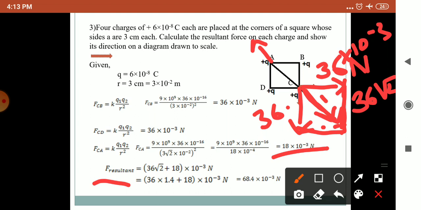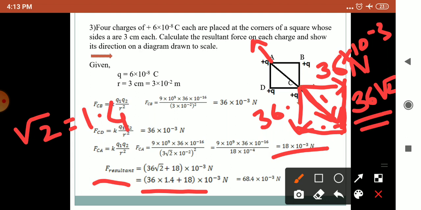If you consider this square, then the resultant force along that will be 36 root 2 plus 18 into 10 raised to minus 3 Newton, where root 2 is equal to 1.4. Then multiplying by 36, it will be 50.4. Then the total or resultant force is 68.4 into 10 raised to minus 3 Newton.